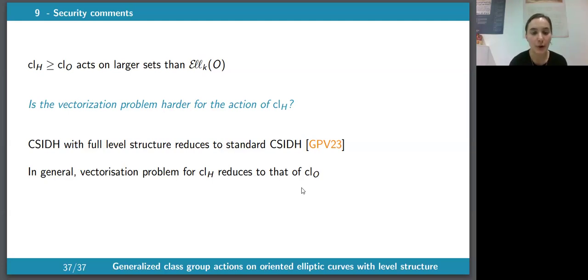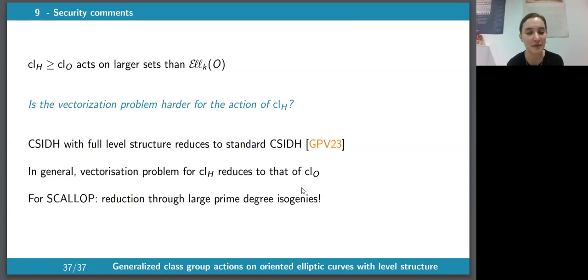Yeah, so however, in SCALLOP, we can observe that such a reduction goes through large prime degree isogenies.